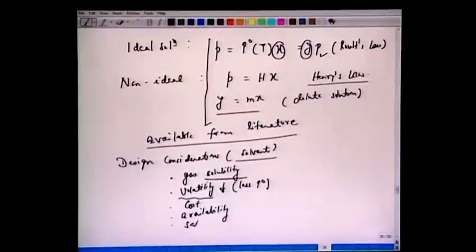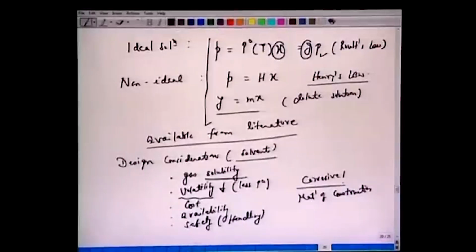Safety is a major consideration here, because safety plays a major role during handling. Our gases or the liquid should not be corrosive, because if it's corrosive, then the material of construction for the pipes, etc., or the equipment, will itself become a major bottleneck in the design.